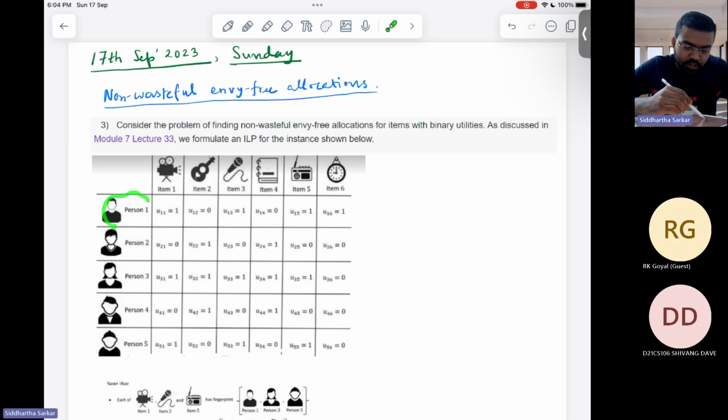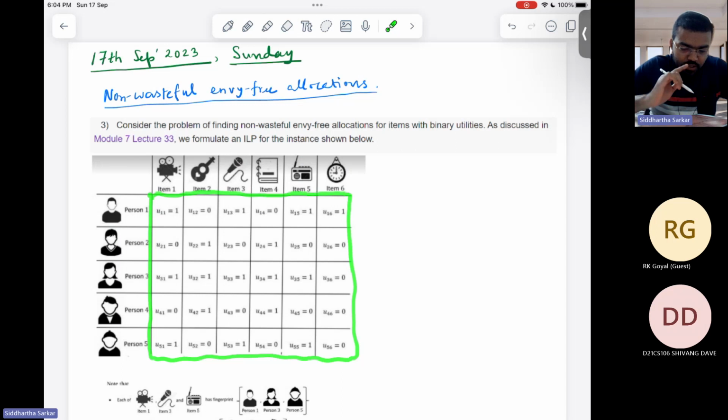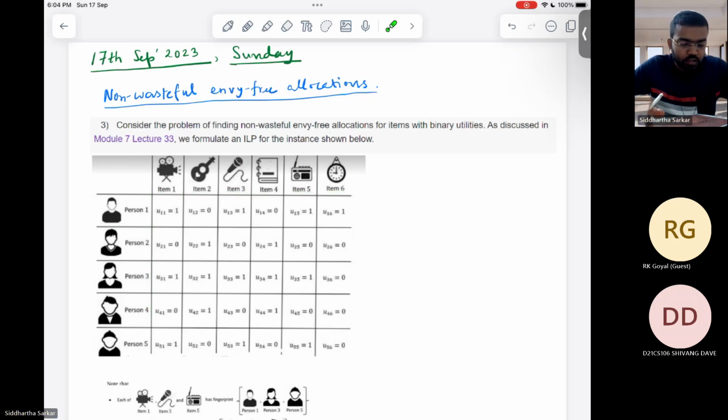So every person is assigned items that he or she values positively. We have a utility matrix. This utility matrix shows which person likes which items. For example, person one likes item one. Therefore, the matrix entry U11 corresponding to person one and item one is 1.